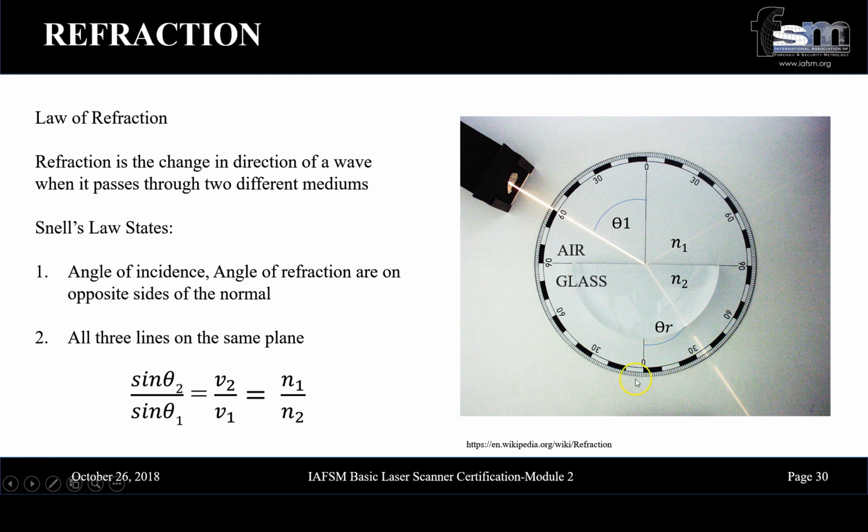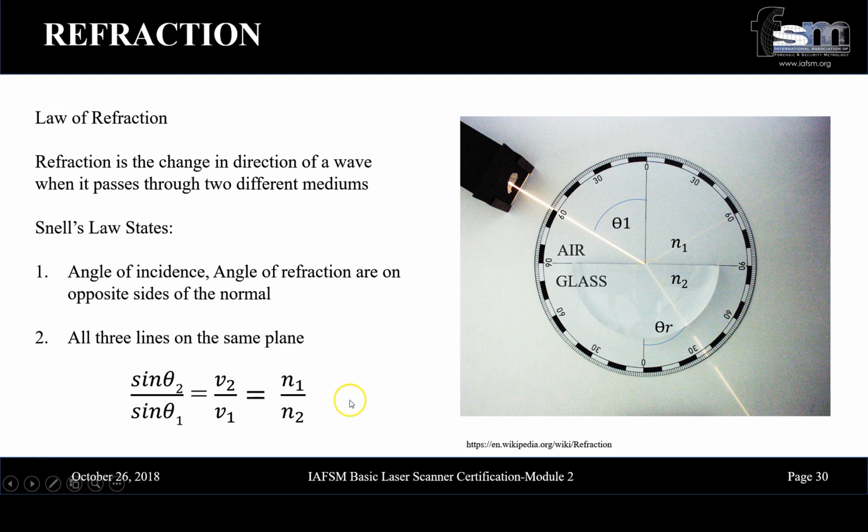Now, because the surface here is perpendicular, it actually goes straight through it. So it didn't refract back out. It didn't come out at an angle. And I think that's probably why they're using this semicircle. But you can definitely see that there's a refraction at this particular point here.